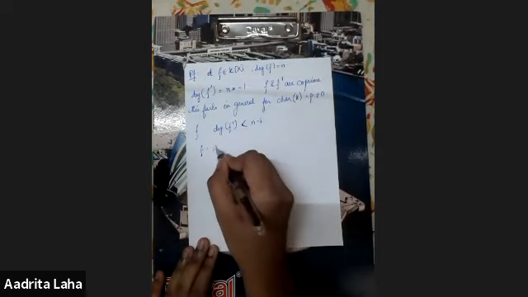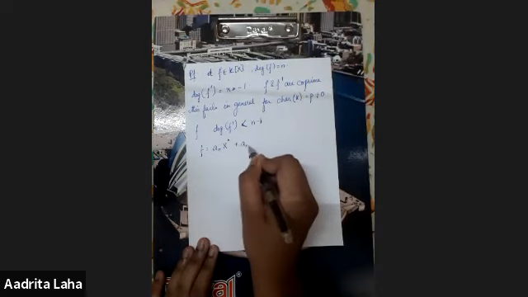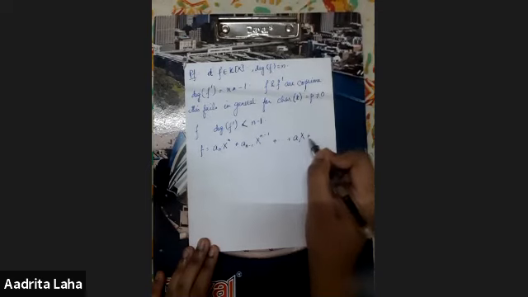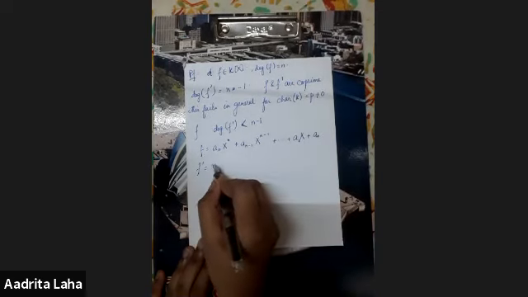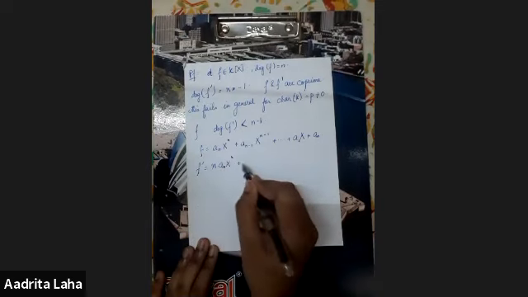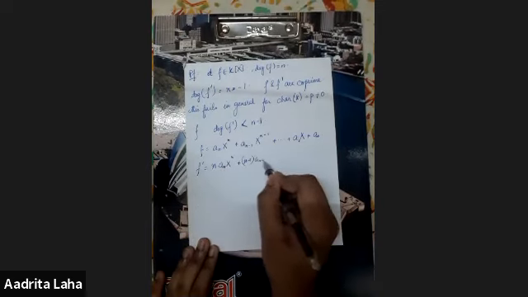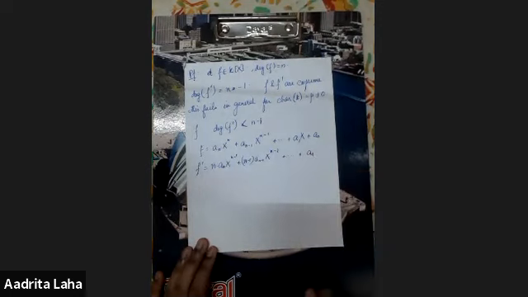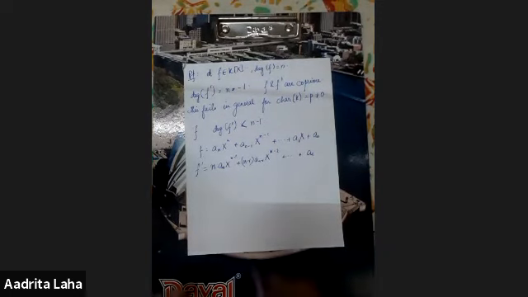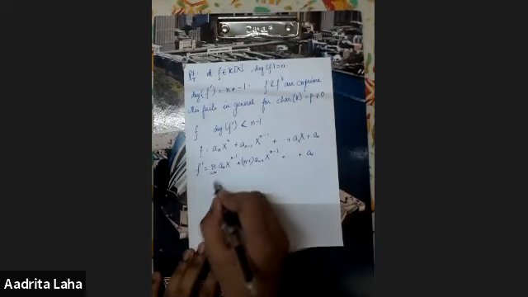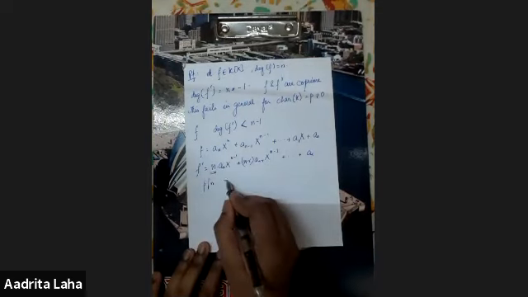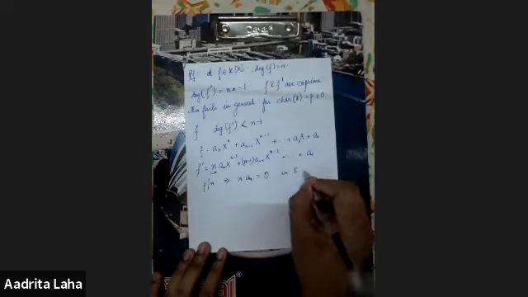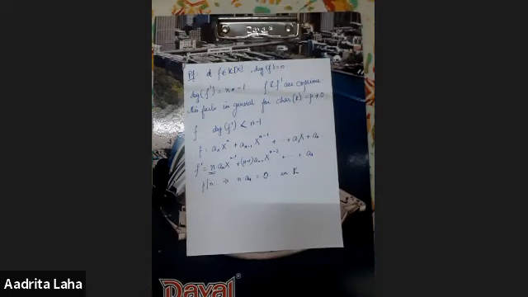If we write f as a_n x to the power n plus a_{n-1} x to the n minus 1, up to a_1 x plus a_0, we see that f prime is n a_n x to the n minus 1 plus (n minus 1) a_{n-1} x to the n minus 2, up to a_1. And if p divides n, this implies that n times a_n is actually 0 in the field K. So we have the degree less than n minus 1.